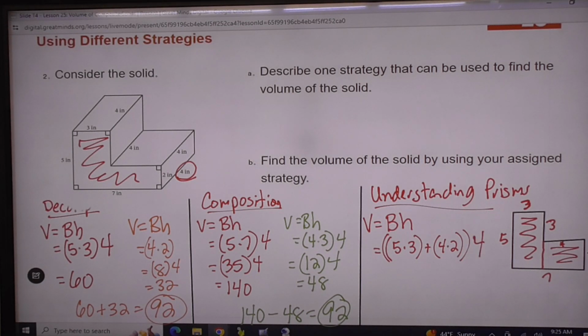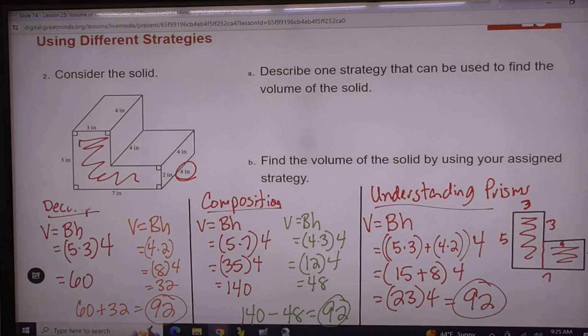So I'm going to put my 4 out here. So that's going to give me 15 plus 8 times 4. 15 plus 8 is going to give me 23. And if I do 23 times 4, that's going to give me the volume, 92.